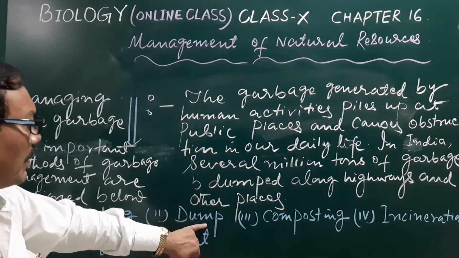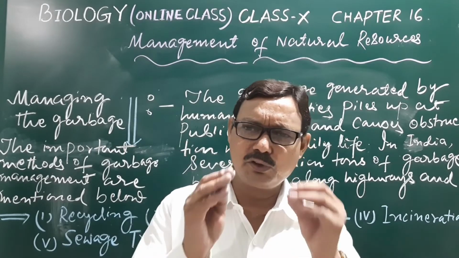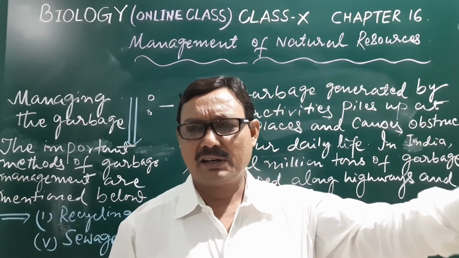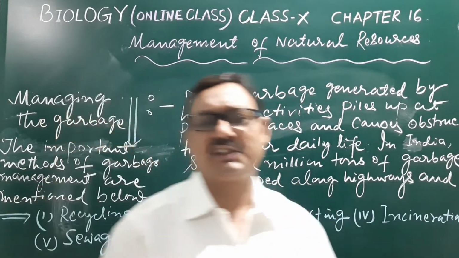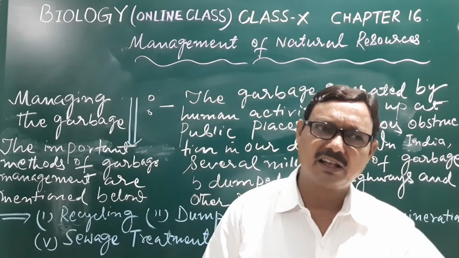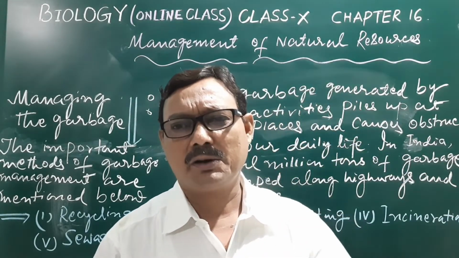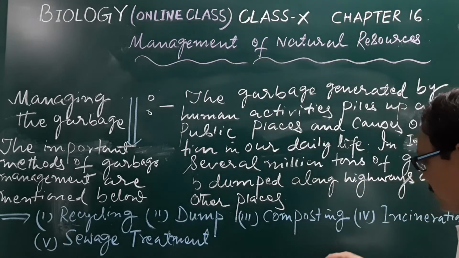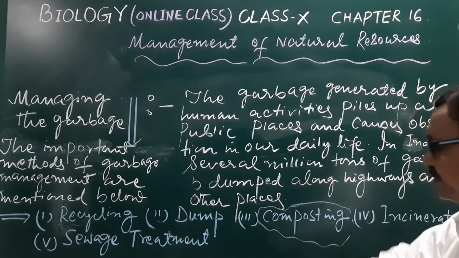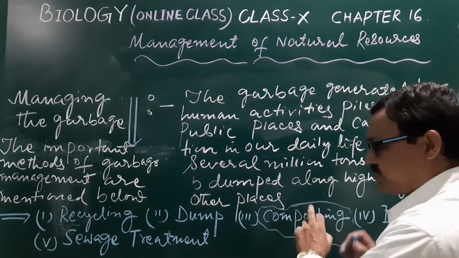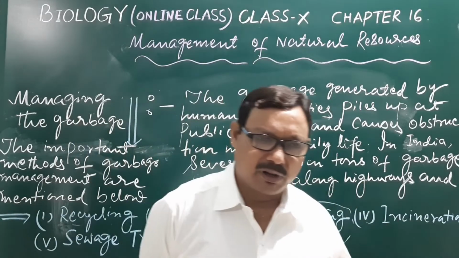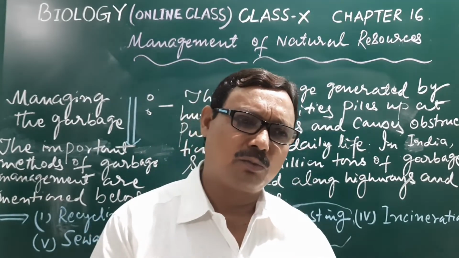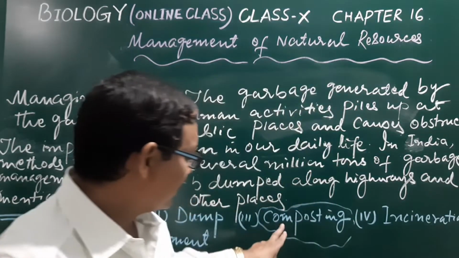And dumping: if you throw the garbage, it will be decomposed and degraded into organic waste in an anaerobic manner by different types of organisms and microbes, and that is dumping. Composting is also a very good, very popular and inexpensive process, in which we use animal excreta, vegetables, fruit peels and other substances to make compost. You have already learned about this in class 9.